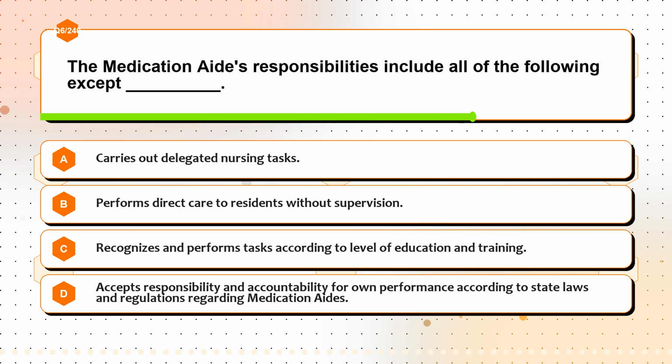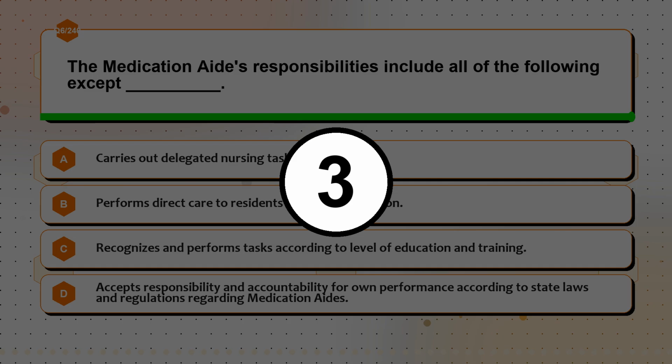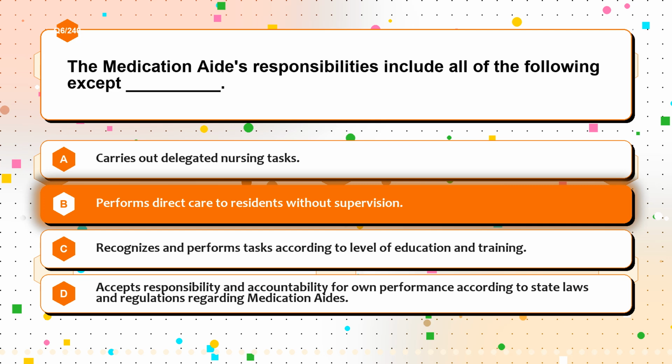Option D, accepts responsibility and accountability for own performance according to state laws and regulations regarding medication aides. The correct answer is option B, performs direct care to residents without supervision.